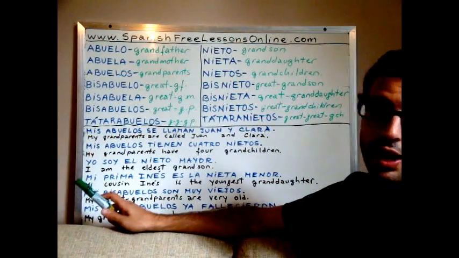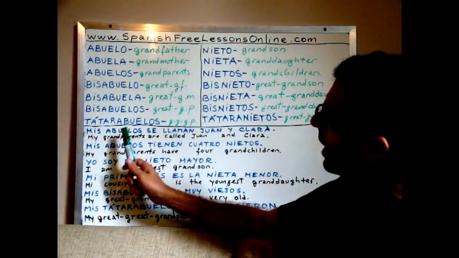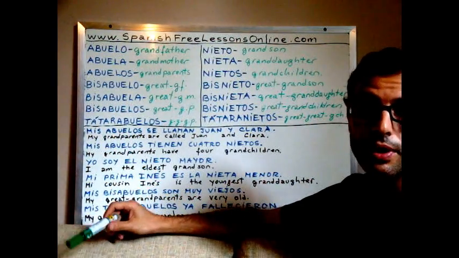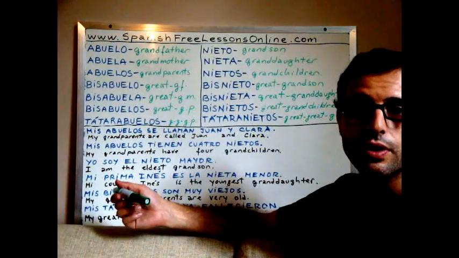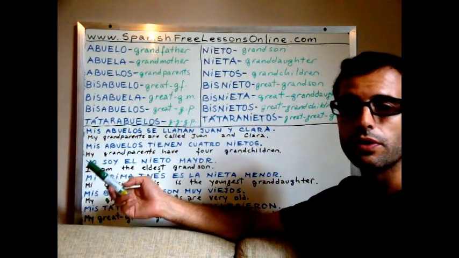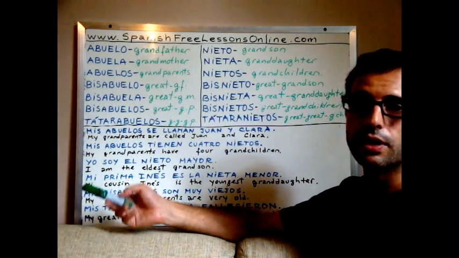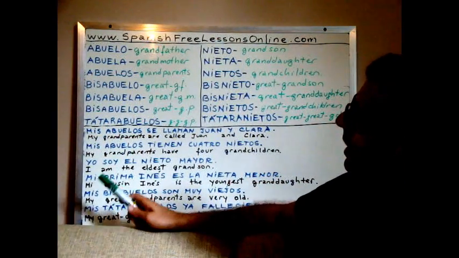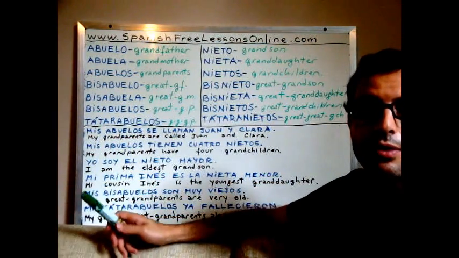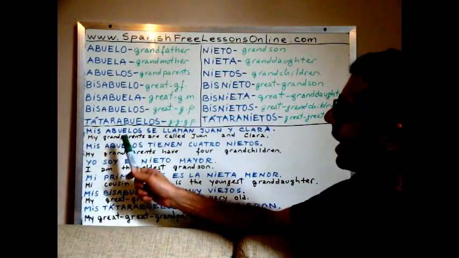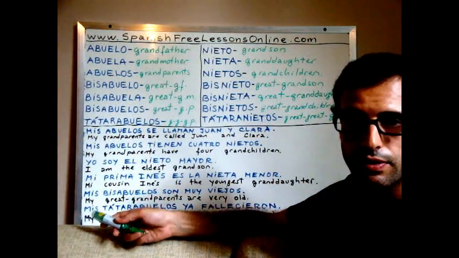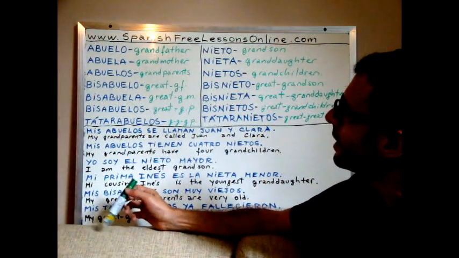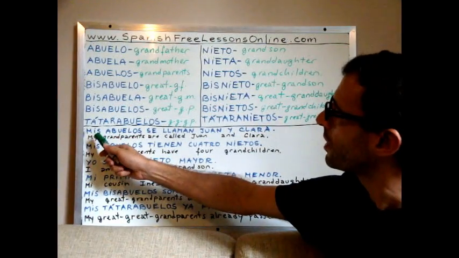And today we were going to see some sentences, where we would see how these words are used. So in black you can see the translation in English, and in blue the sentence in Spanish. Let's begin with the first one.